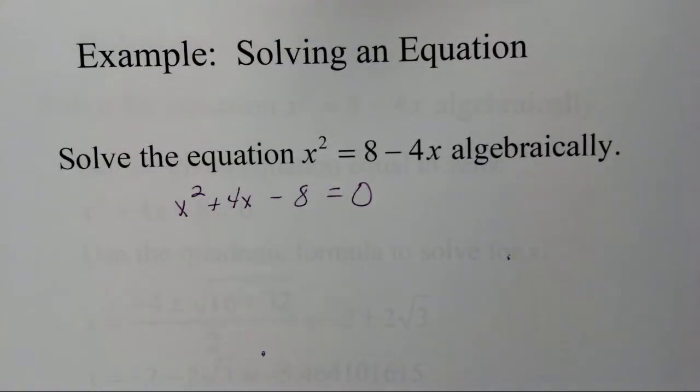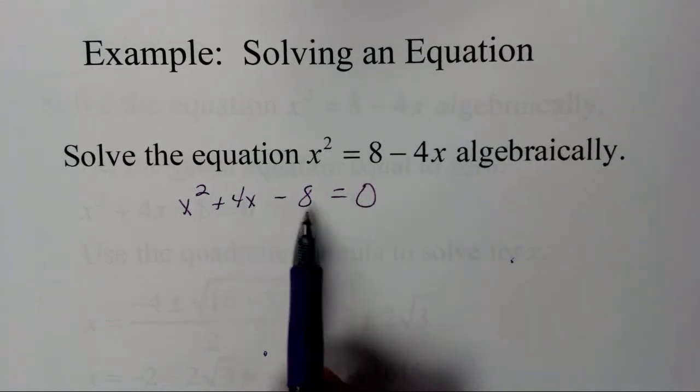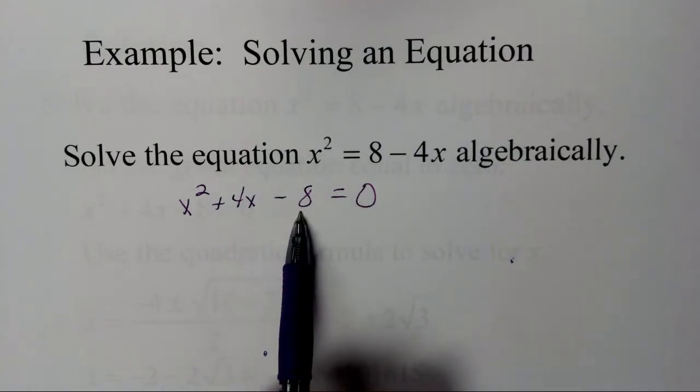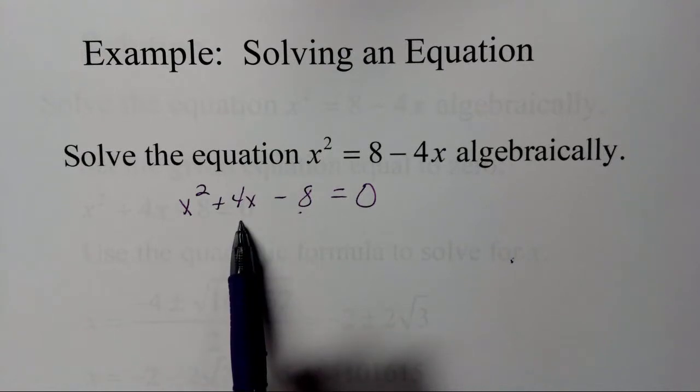And then, if I want the easiest way out, I'm going to try to see if that quadratic will do what? Factor. Does it? No, because to factor we need something that multiplies to negative 8 and adds to 4.